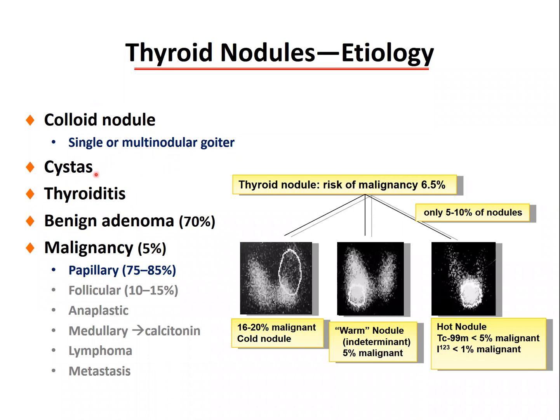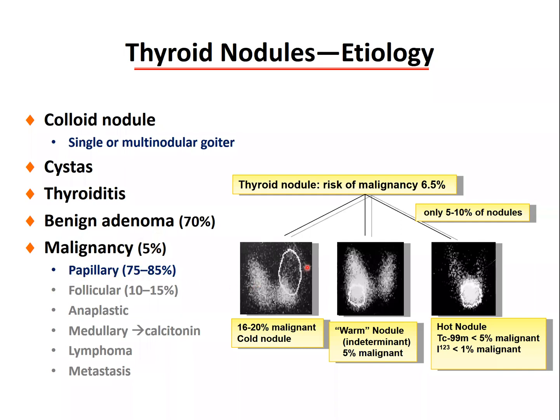It can be a cyst, so some fluid-containing mass, or an enlargement of the gland that can be due to some kind of inflammatory process, such as thyroiditis. About 70%, as in the previous picture I showed you, is benign adenoma, and malignancy takes about 5%. And out of this 5%, the papillary carcinoma is a very common one.